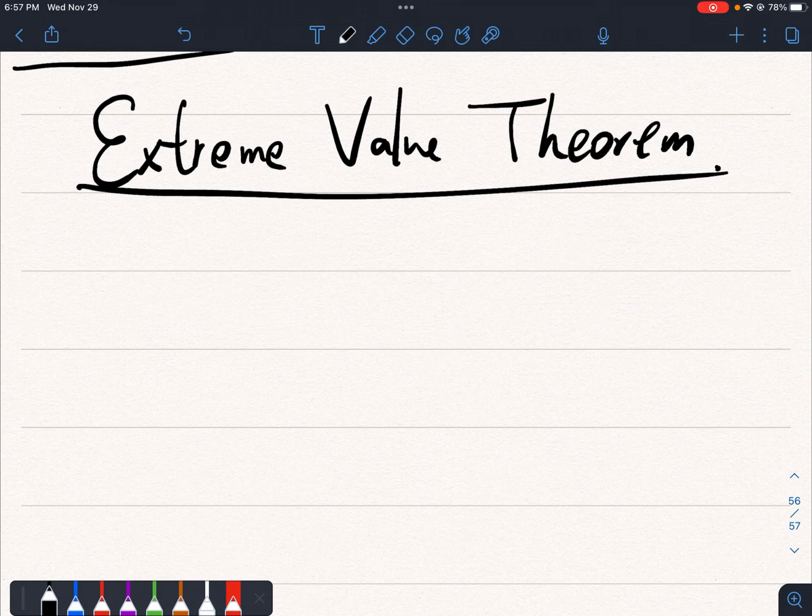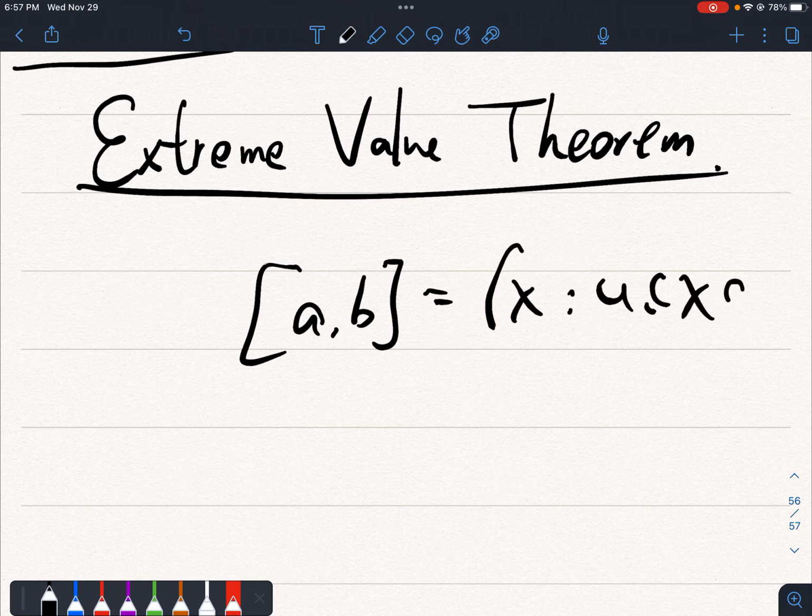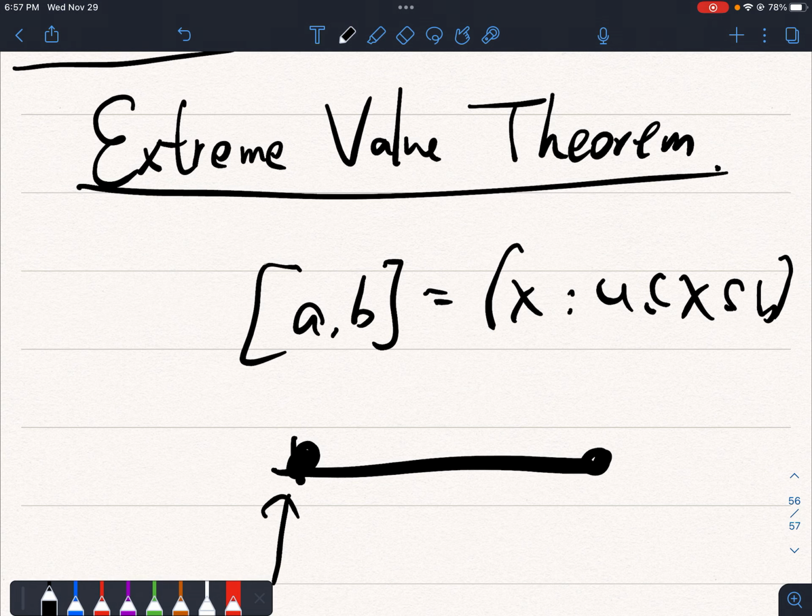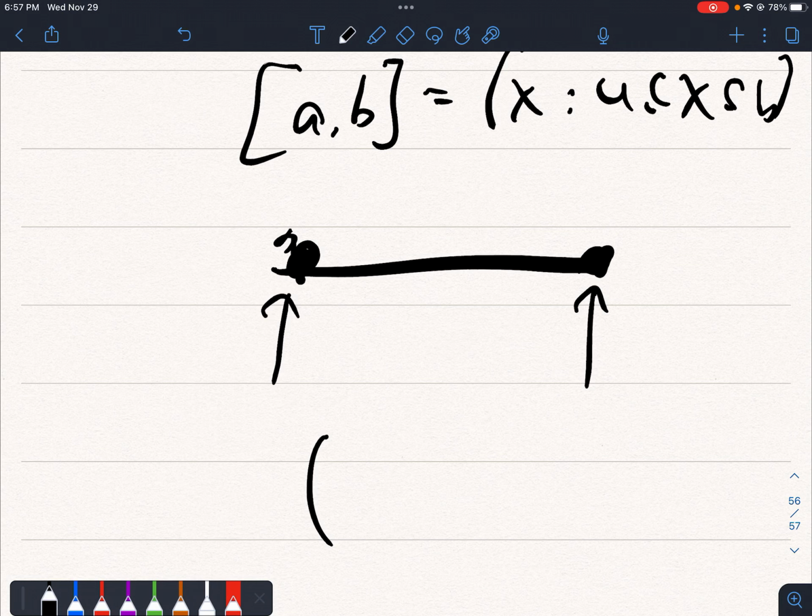So the extreme value theorem says that if you have a continuous function on a closed interval, a closed interval is something like this, a, b, right? It's the set of all x such that x is bigger than or equal to a and less than or equal to b. So it has two endpoints that are attained in this interval.